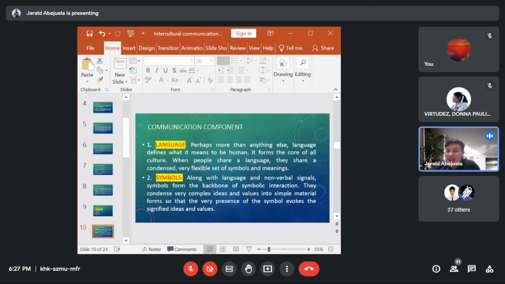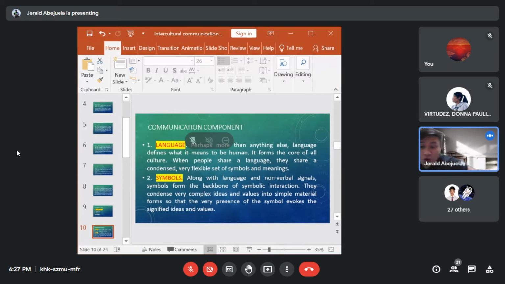So, sinasabi lang sa atin ng language as component of culture is that you have to use the language depending on the person you're talking to and the setting or the context where that communication takes place. Okay?